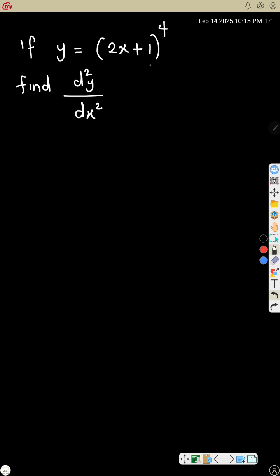We have done this under function of a function, but this means you should differentiate 2 times. I will have y is equal to 2x plus 1 raised to power 4. So find the dy over dx, that is, differentiate the first time.